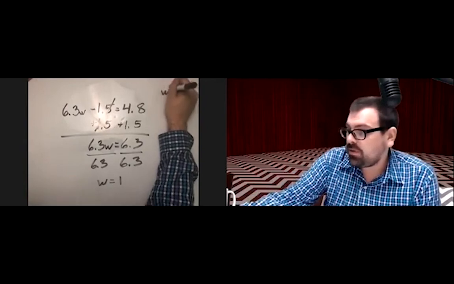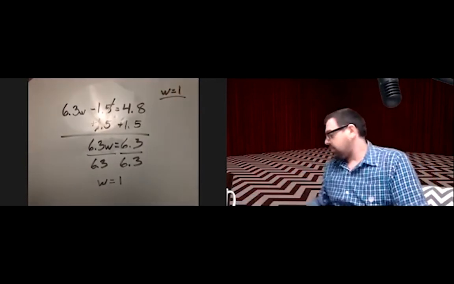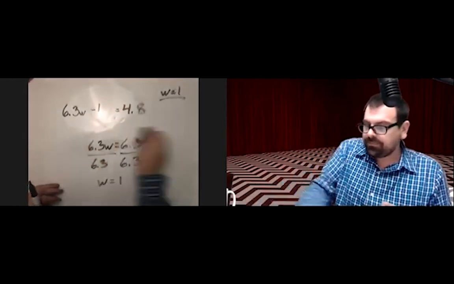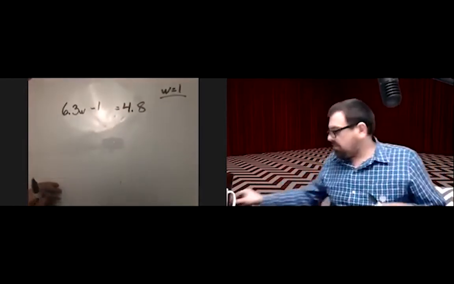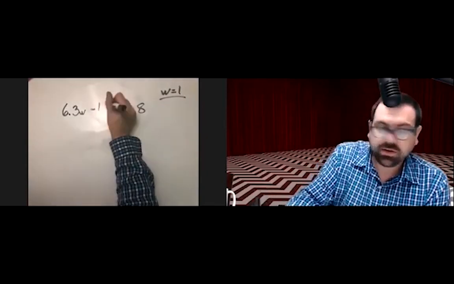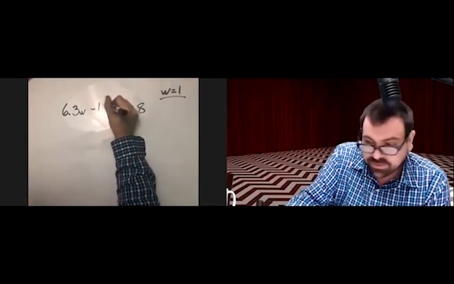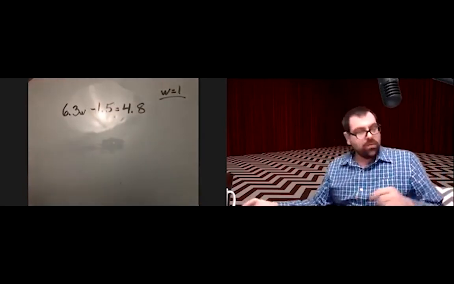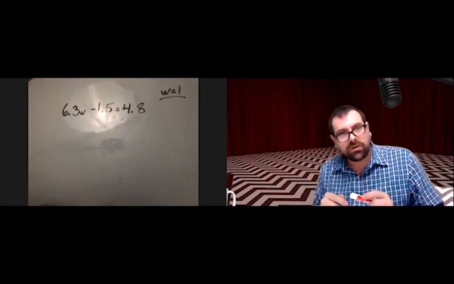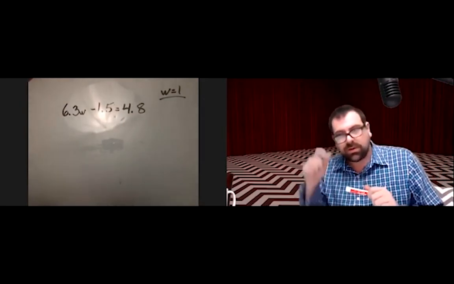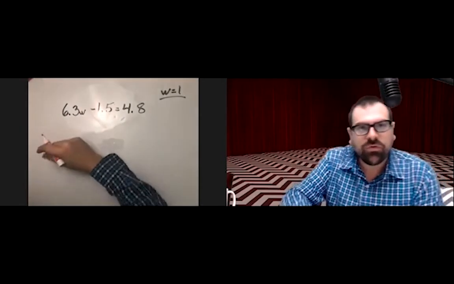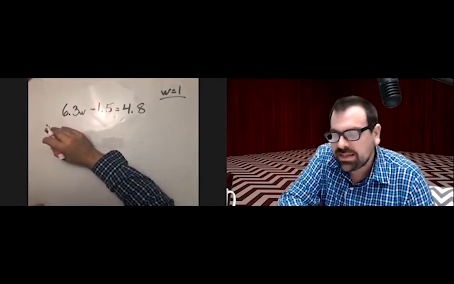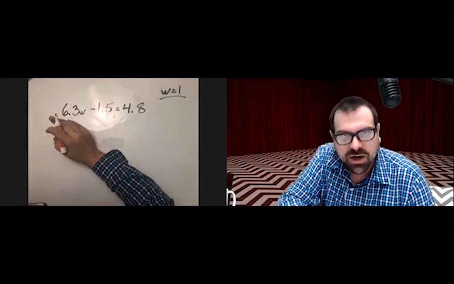But let's see how we can get that same answer without doing any work with decimals at all. So same problem, 6.3w minus 1.5 equals 4.8. We can go to every term, every single term, and move the decimal point by the number of times it would take to get rid of all decimals in the problem.